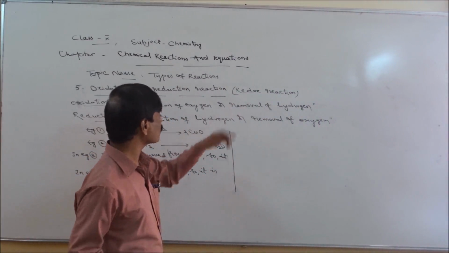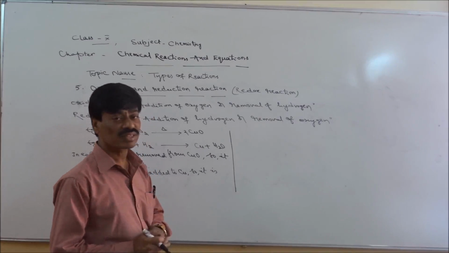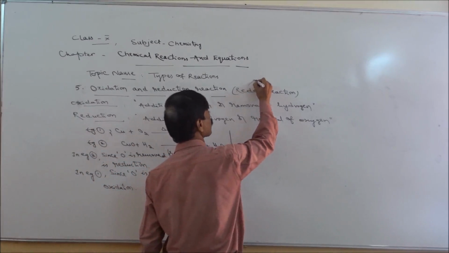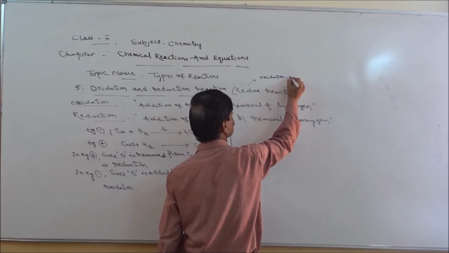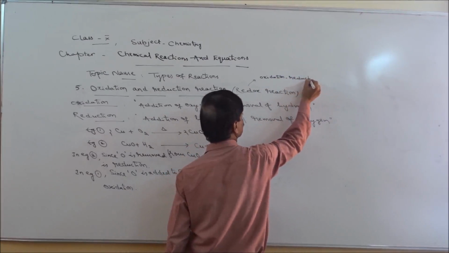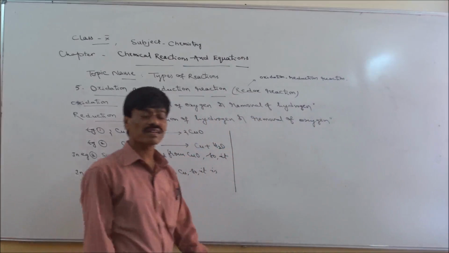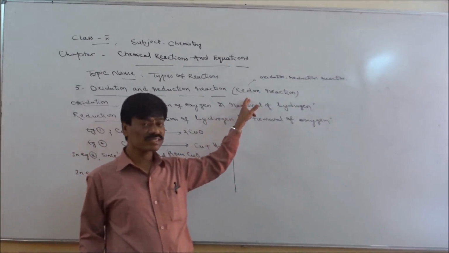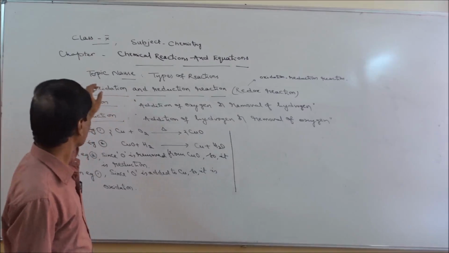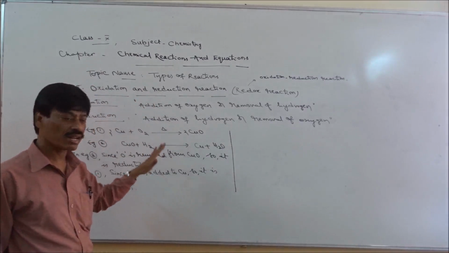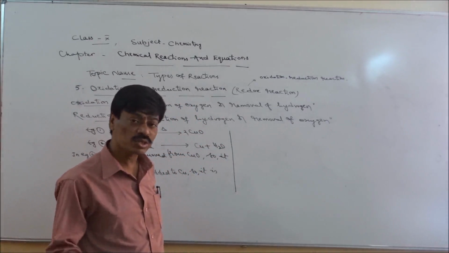So here, redox reaction means oxidation reduction reaction, and it can be written in this way also: oxidation reduction reaction. So redox reaction is one wherein oxidation and reduction take place simultaneously. Here oxidation and reduction are shown separately. Now let us see how it should be shown when they take place simultaneously.